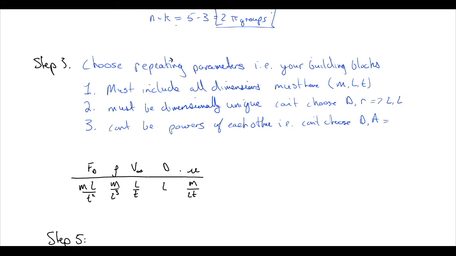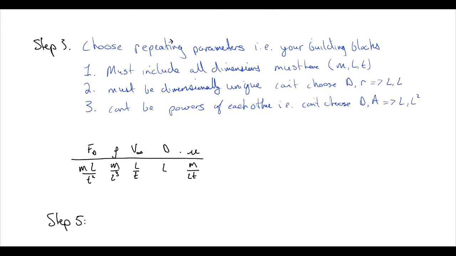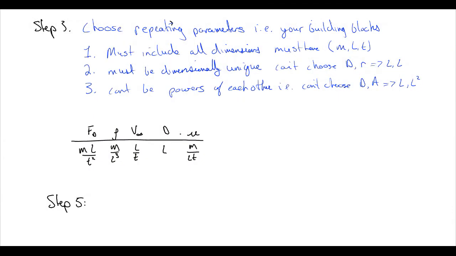Which really goes on to say that they're not dimensionally unique, honestly, because they're just powers of each other. Great. We're going to have 2 pi groups, and we're going to build each of these 2 pi groups around 2 of our physical variables, and the rest become our repeating parameters. So that means we need 3 repeating parameters.